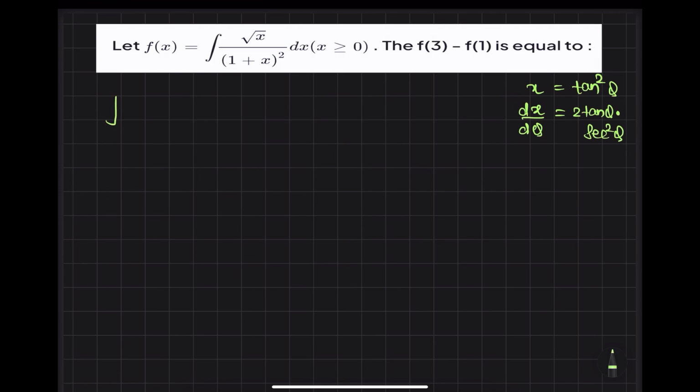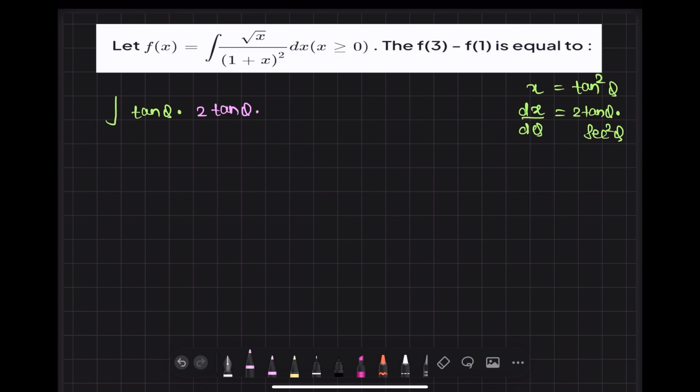In place of root x, I will be writing tan theta. Now I have to replace dx. Dx is 2 tan theta sec square theta into d theta.